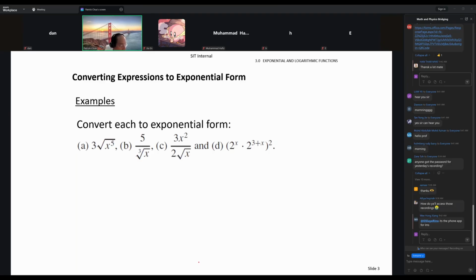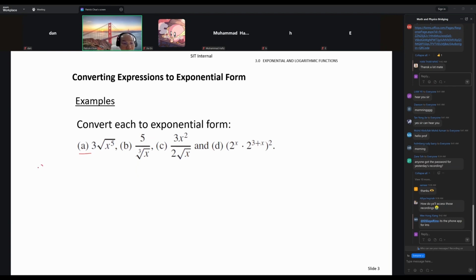Right, so how do we convert each of these to exponential form? Let's take a look, applying all that we've just refreshed. We have 3 times the square root of x to the power of 5.